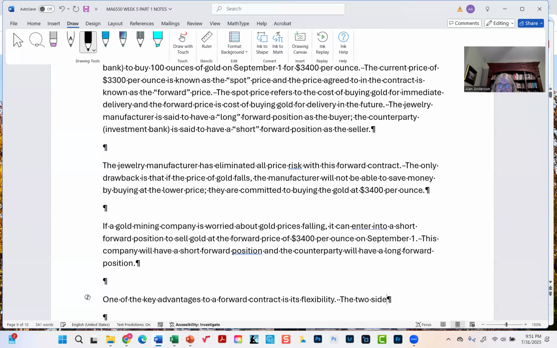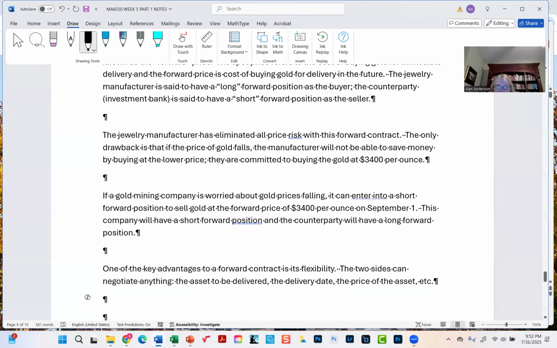The two sides can negotiate anything: the asset to be delivered, the delivery date, the price of the asset, etc. So in other words, it's completely flexible.